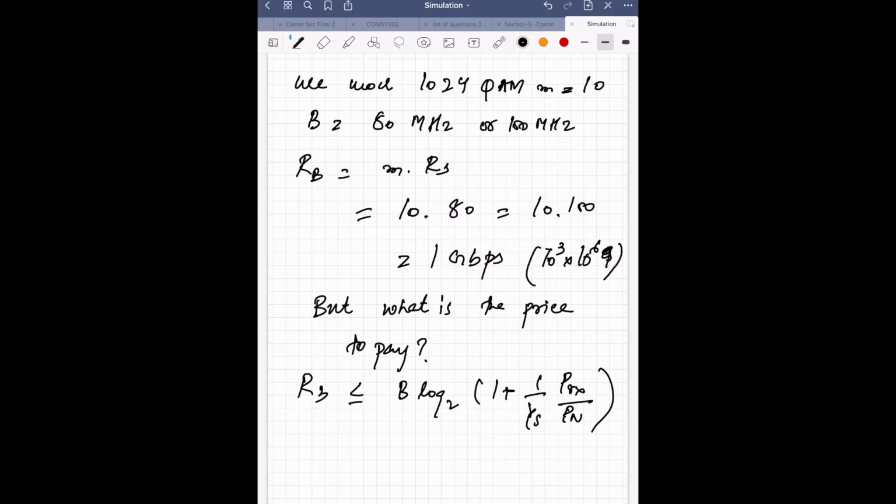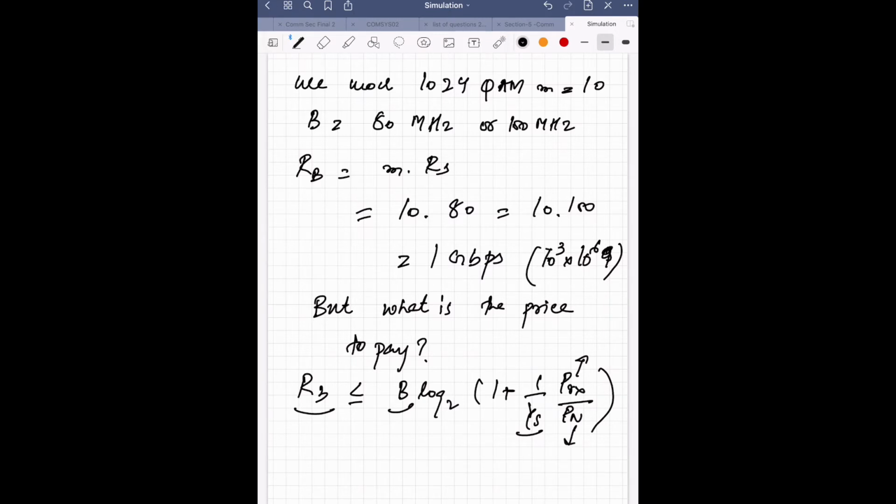Here RB is the bit rate, B is the band, gamma S is the suboptimality factor, which is the deviation from the ideal constellation. I will not discuss it in detail in this lecture. PRX is the received signal power and PN is the noise power.